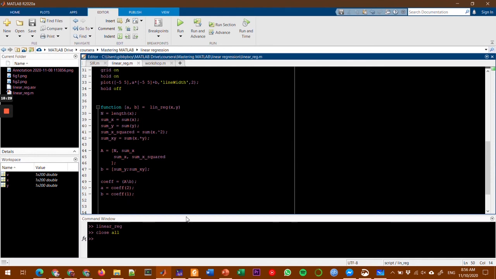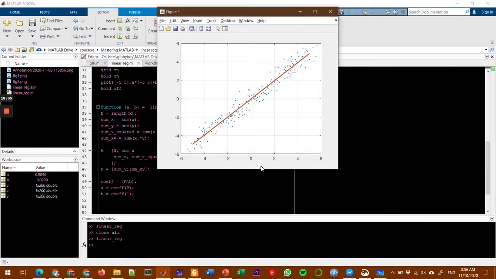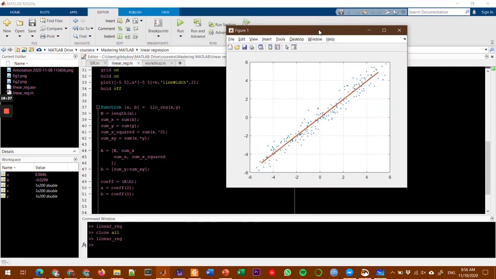So if you run this program, this is now the equation of the line, the line with the least sum of error, by least squares. With this corresponding value of A and B in your workspace, the value for A, the slope is 0.9846 and the y-intercept is B.